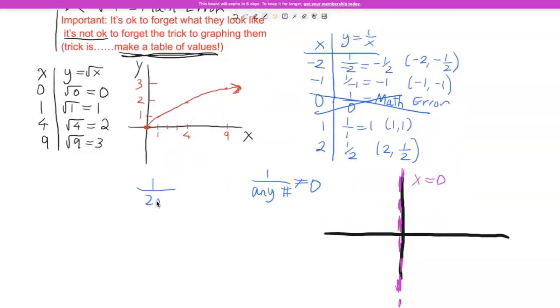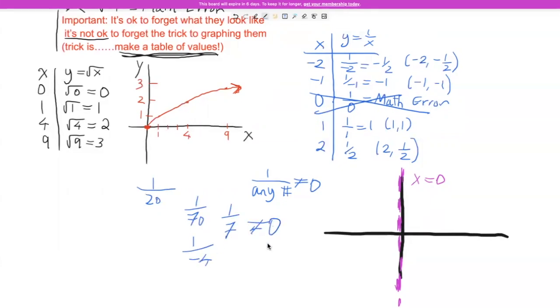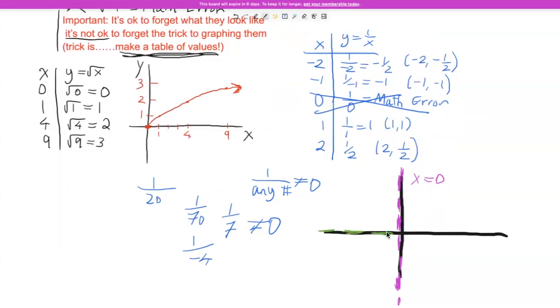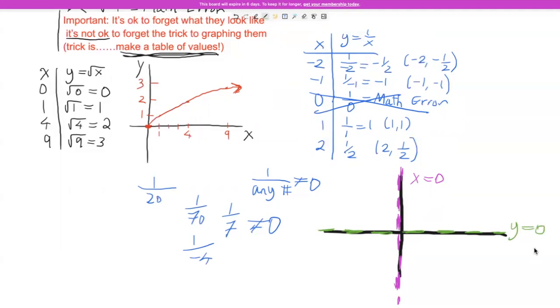Try to do 1 over 20, 1 over 70, 1 over 7, 1 over -4. None of these will ever equal 0. And so that brings us to another asymptote that this graph will have. It will be the asymptote y equals 0, which is the x-axis. So we've got those two asymptotes right now.